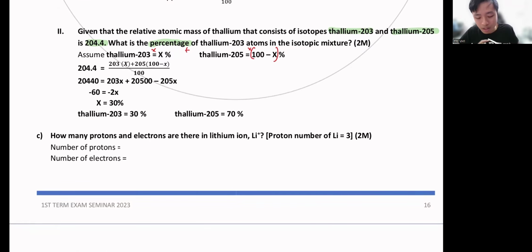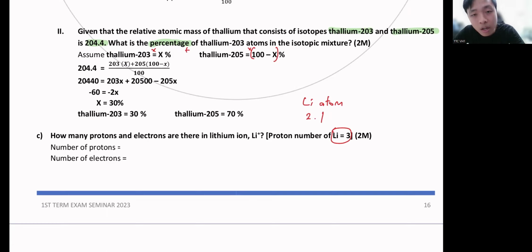Okay. Then how many protons and electrons are there in a lithium ion? So lithium, the proton number is 3. So what is the electron arrangement for a lithium atom? Lithium atom is 2.1. Remember this one? The maximum for the first shell is 2 electrons.